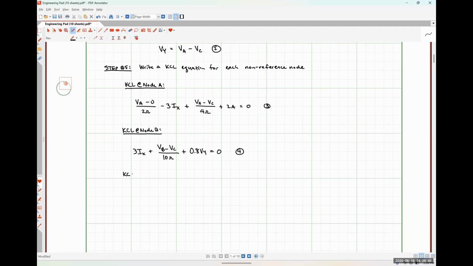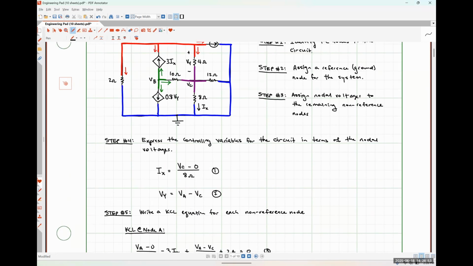And lastly, we're going to have KCL at node C. So I'm going to be adding together these four currents: the current flowing from right to left through the 10 ohm resistor, the current flowing from bottom to top through the 4 ohm resistor, the current flowing from left to right through the 12 ohm resistor, and lastly, the current flowing down through the 8 ohm resistor.